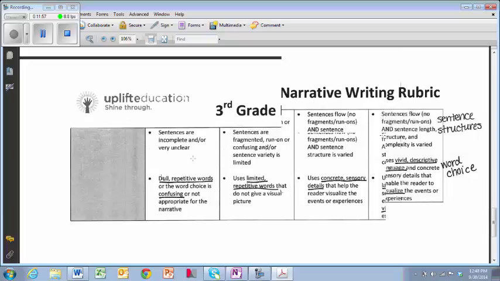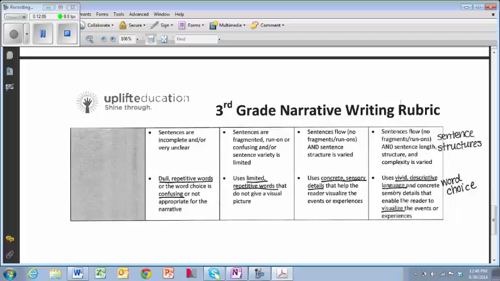This last part is about word choice. So this has to do with verbs. So instead of I ran away, what's a more vivid, descriptive way that the scholar could write that? If they're using dull, repetitive words, so they're saying run, run, run, walk, walk, walk over and over in every sentence, it would be at a level 1.